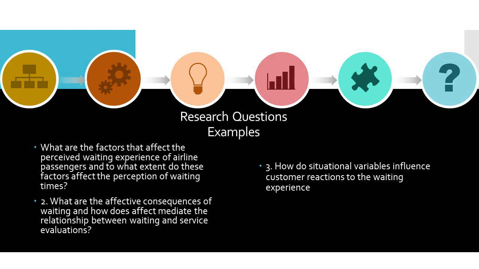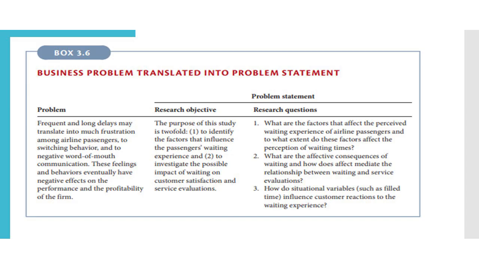So now we further have an example of a business problem translated into a problem statement. So basically we had a problem. Our problem was that the frequent and long delays in the flights and the quality of the service the airline is providing to the passengers can have a negative effect on the passenger, and as a result the performance and the profitability of the firm will decrease, and hence it will result in negative organizational behavior.